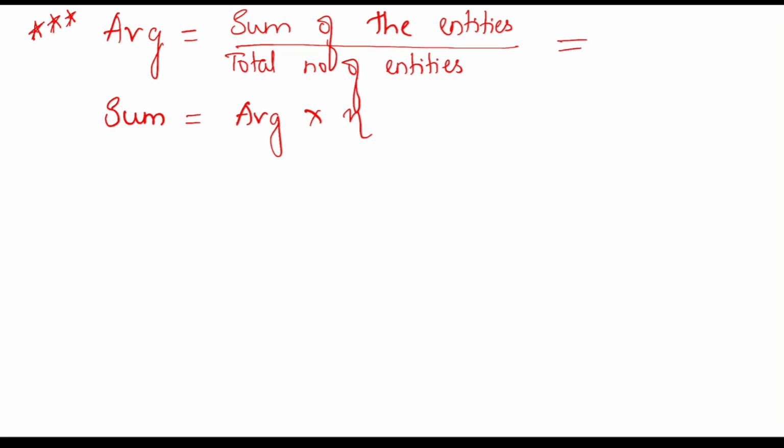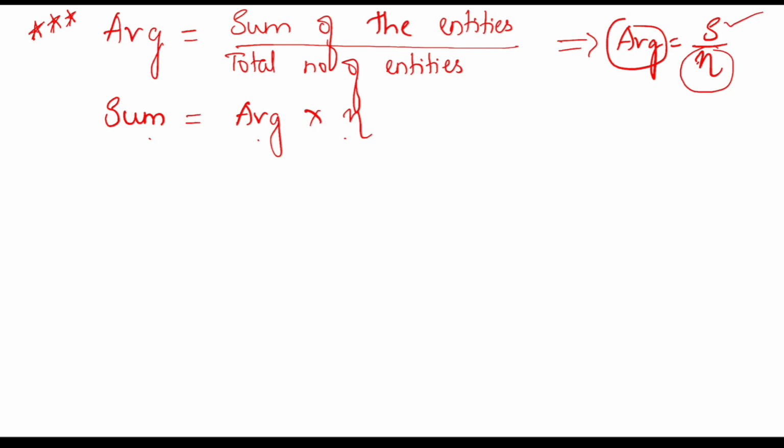I can write it as average is nothing but sum divided by number of entities. So if average is given and the number of entities is given, then sum is nothing but the product of average and number of entities.